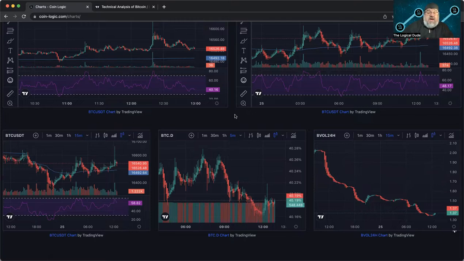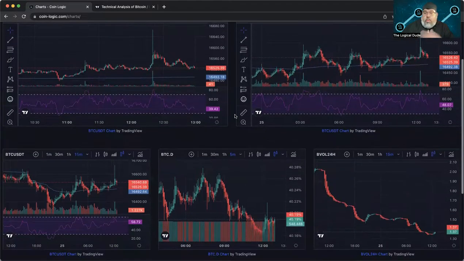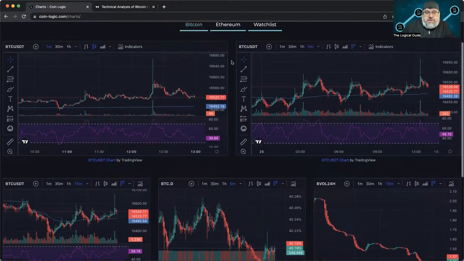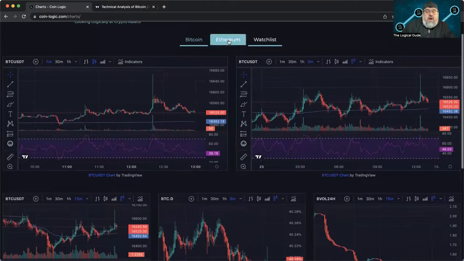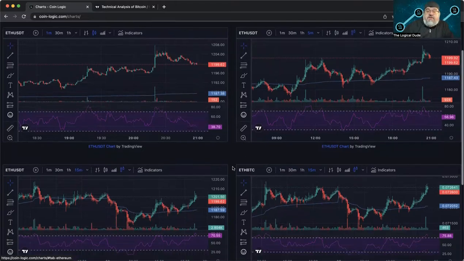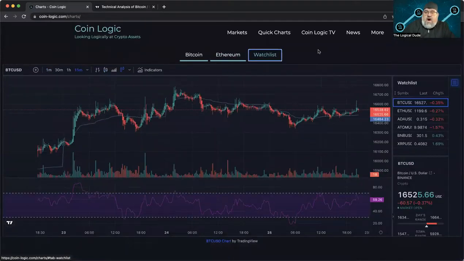So this really helps out a lot as well. It shows when markets are moving, or if there's high volatility in the markets, so it shows you if it's a good time to trade or not. Ethereum, we have the 1, 5, 15, and then we have the Ethereum to BTC chart on the 15 minute here as well. And then we've got our watch list.